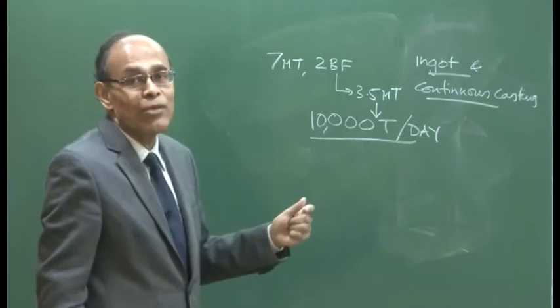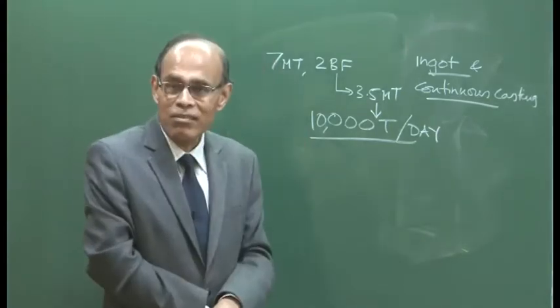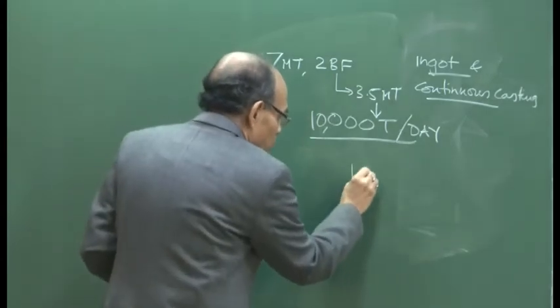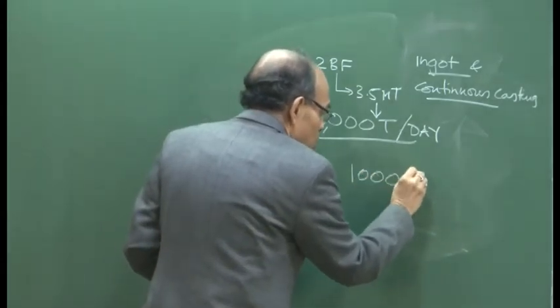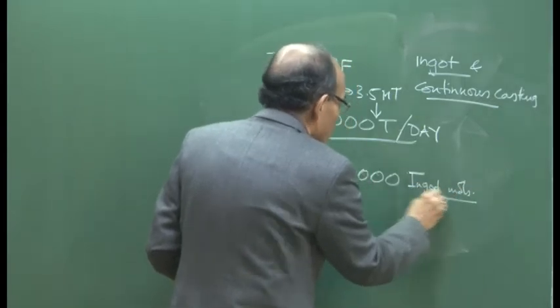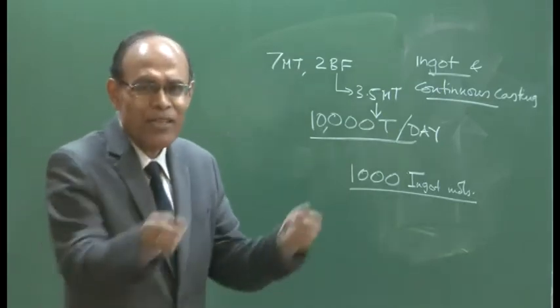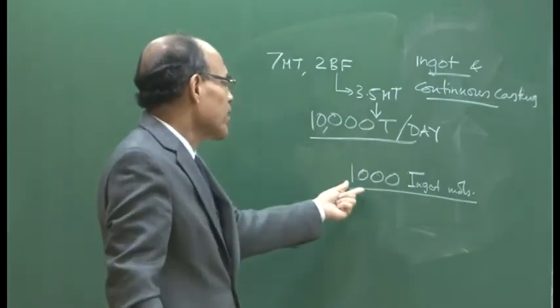Now if one ingot mold weighs about 10 tons, then you require 1000 ingot molds. Maintaining this large number of molds is going to be a cumbersome exercise: lifting the molds, taking them out, and they occupy a lot of space.